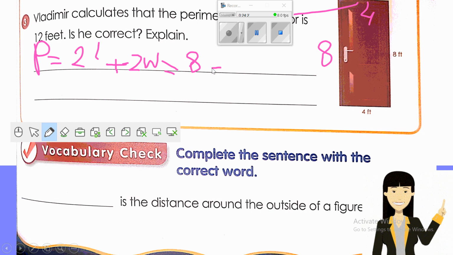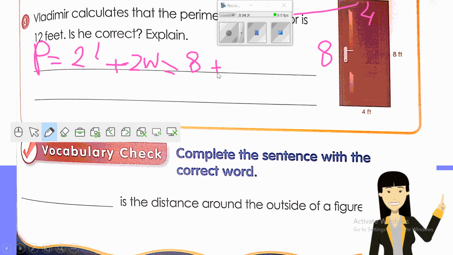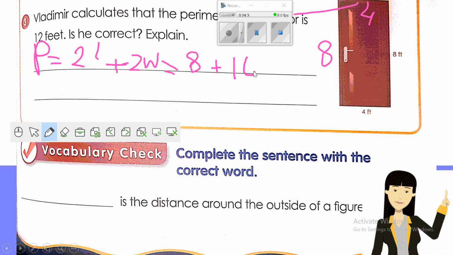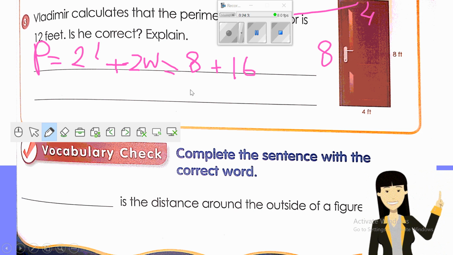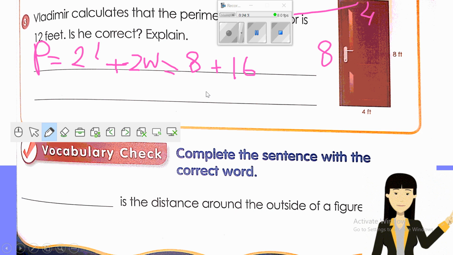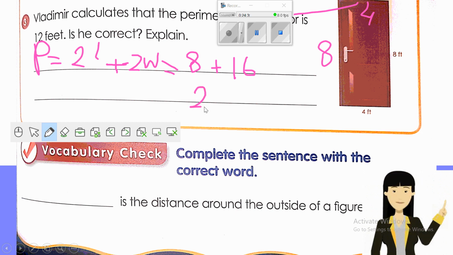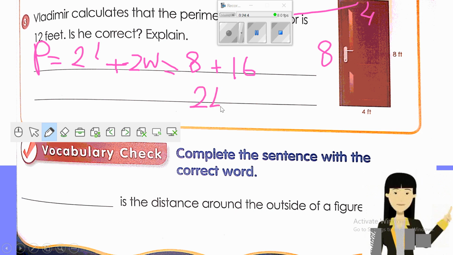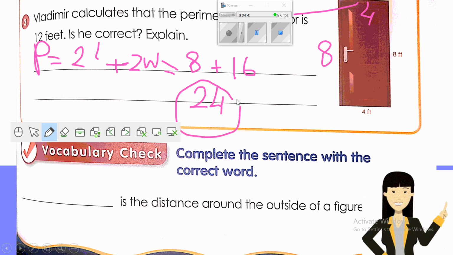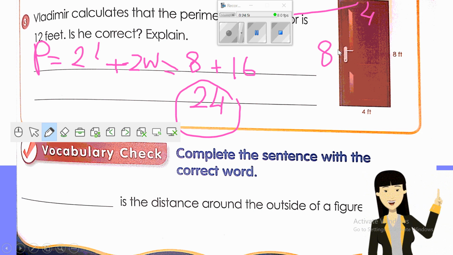Double of 8 is 16. 8 and 16, the total will be 24 feet. Is that right? No, he's wrong. Instead of doubling, he just added 8 plus 4, and he forgot about the other side, so he is not correct.